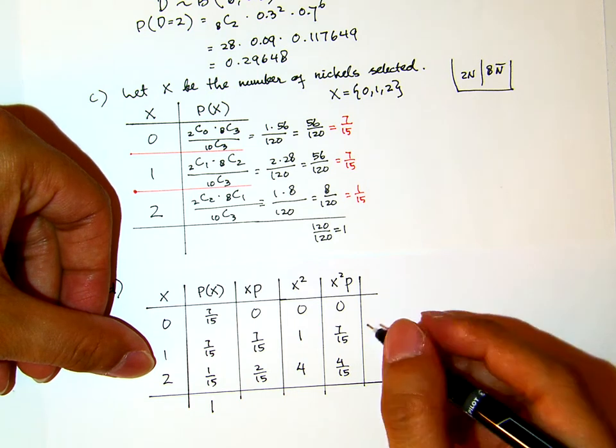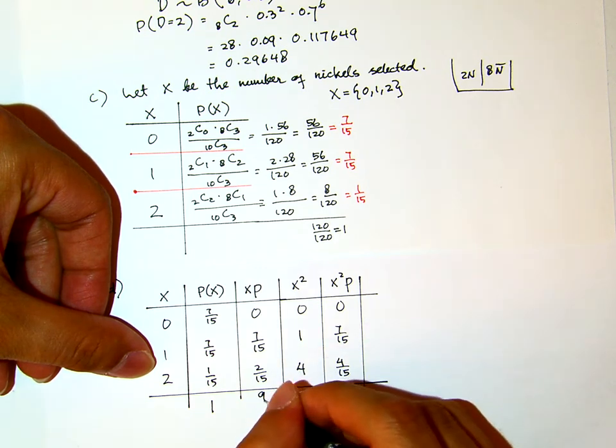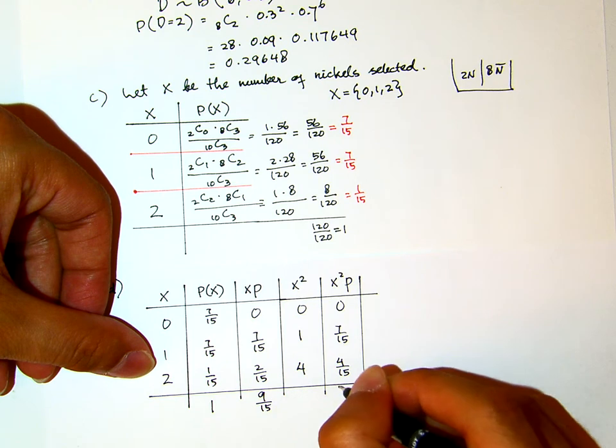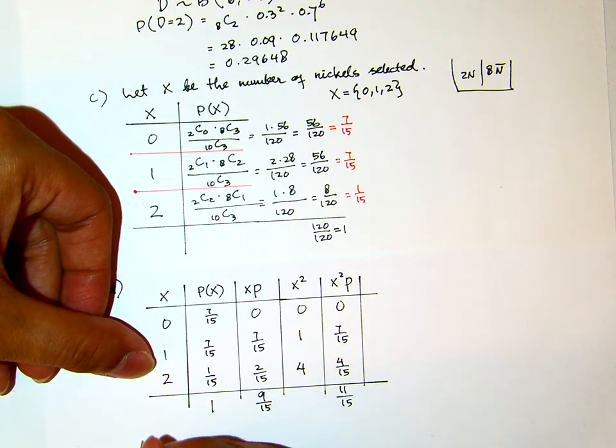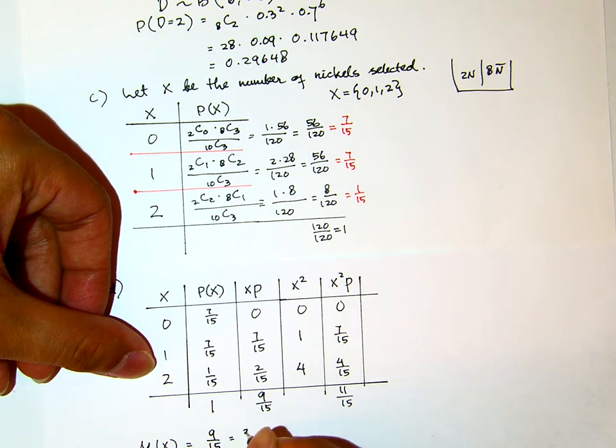Easy, okay? Now this will be 9 over 15, and this one here will be 11 over 15. Now the mean of this distribution, the mean of x, equals 9 over 15, which is 3 over 5, or if you want to make it decimal, that's 0.6.